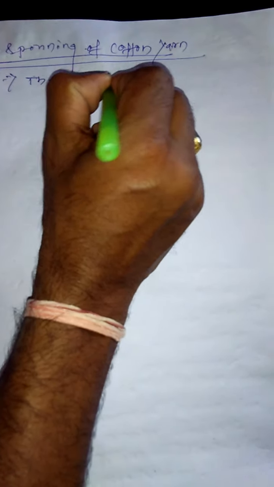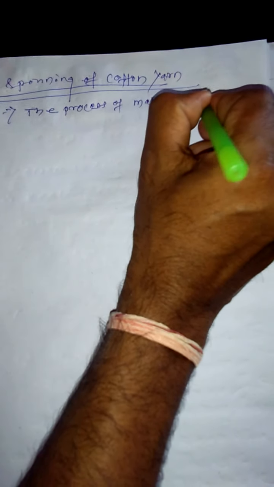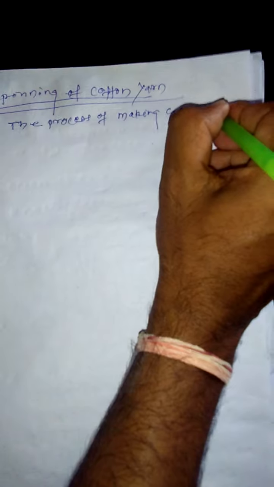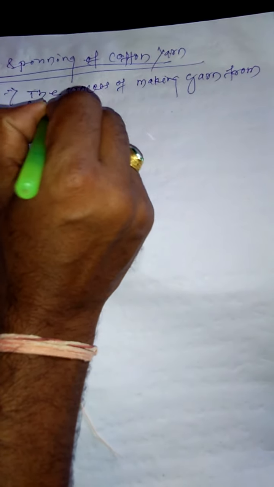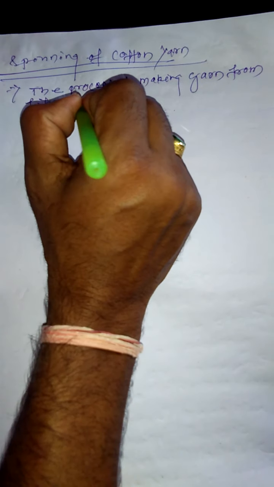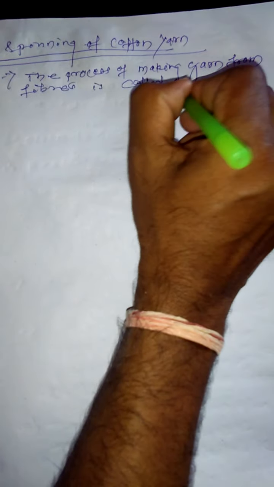So we can write here: the process of making yarn from fiber is called spinning.